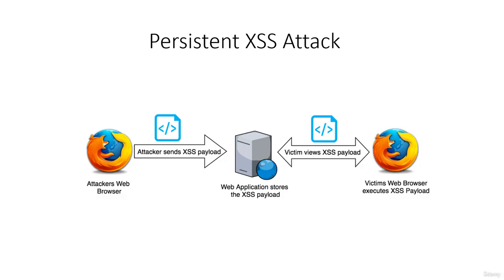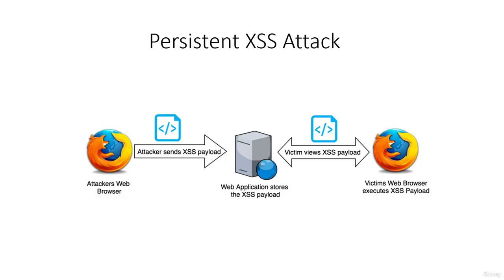Persistent XSS attacks are more commonly known as stored XSS, because the malicious code is saved on the web server or in a database. They are considered the most dangerous type, because any visitor who views the comment becomes an unwitting victim even though they didn't do anything. The attacker doesn't need to use any tactics or tricks to deceive the user.